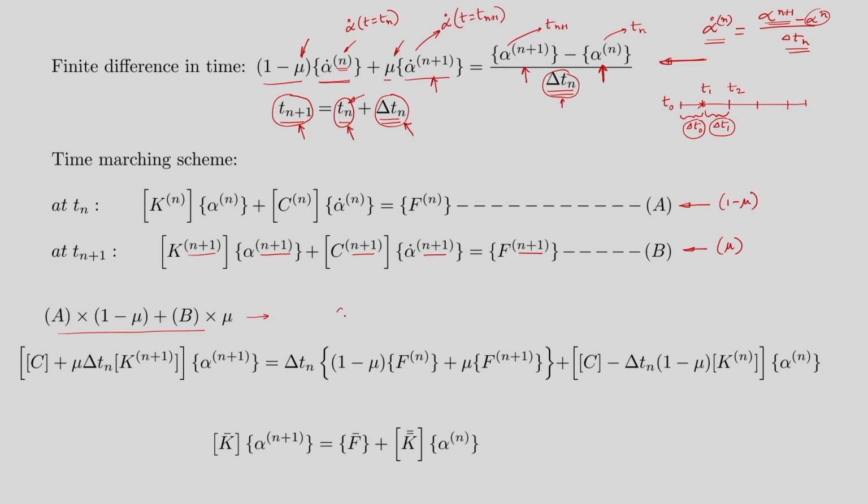There is an assumption here that C at n plus 1 is equal to C at n and is represented as C. So, we have assumed that C is not changing with time.